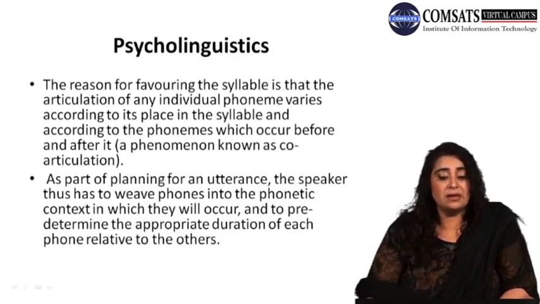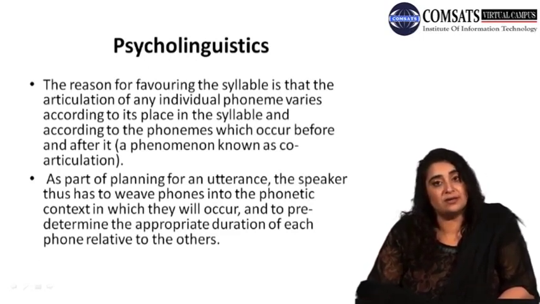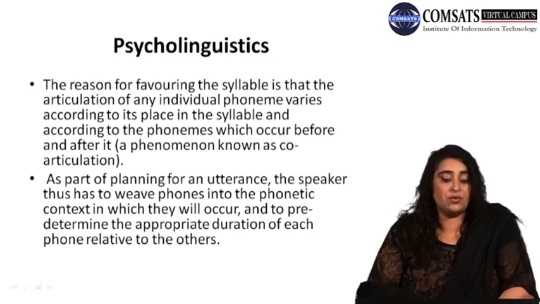A phenomenon known as co-articulation. Now, as part of planning for an utterance, the speaker thus has to weave phones into the phonetic context in which they will occur, and to predetermine the appropriate duration of each phone relative to the other.